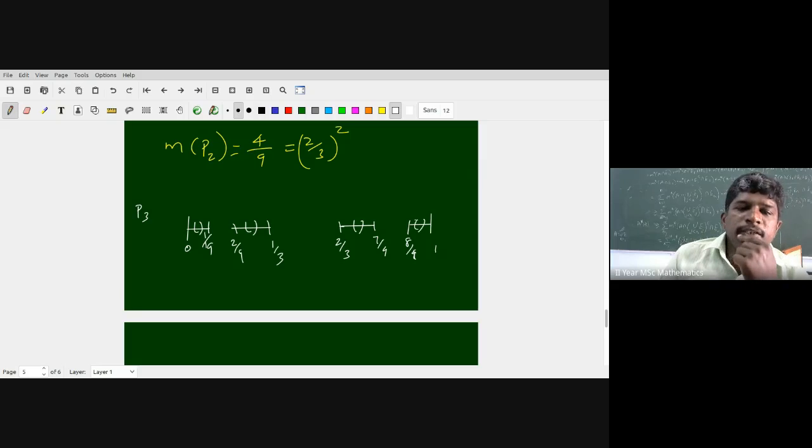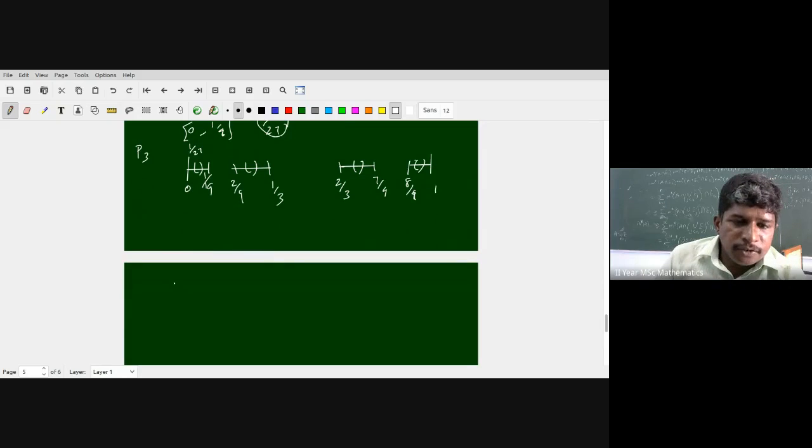So we have to separate the interval [0, 1/9] into 3 parts. Each will be of length 1/27. So remove the middle, then each of the 4 subintervals is split into 2. So 4 is split into 8, each of length 1/27.